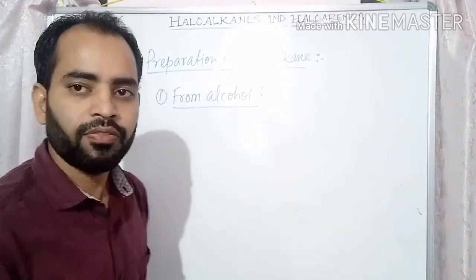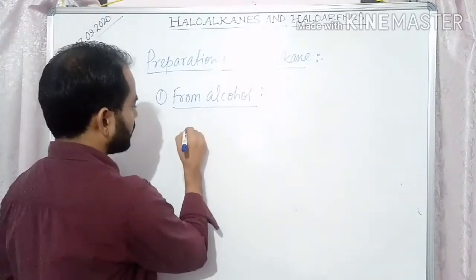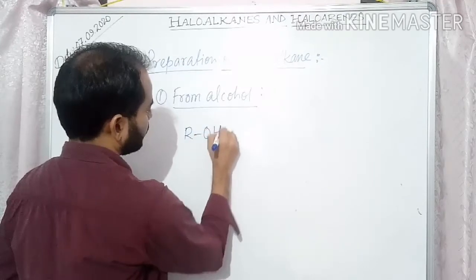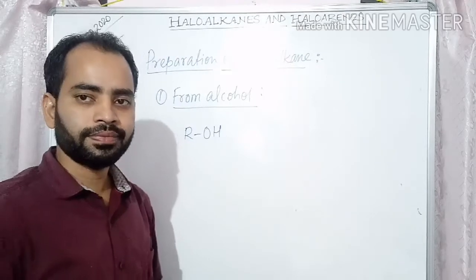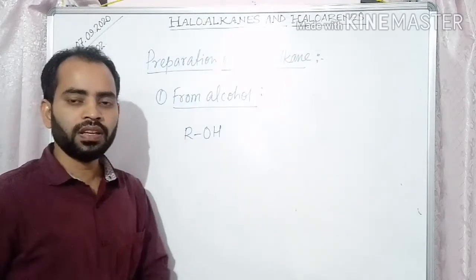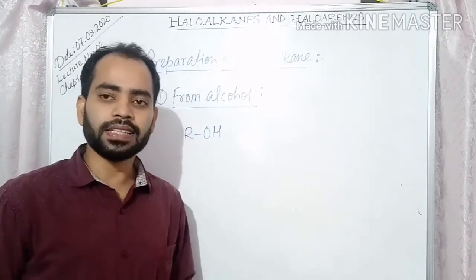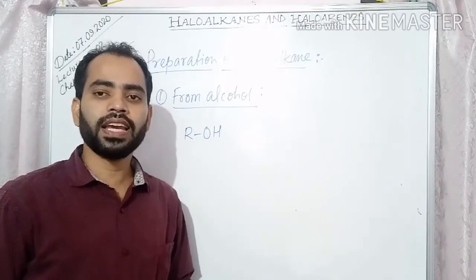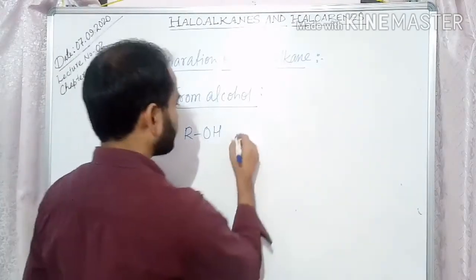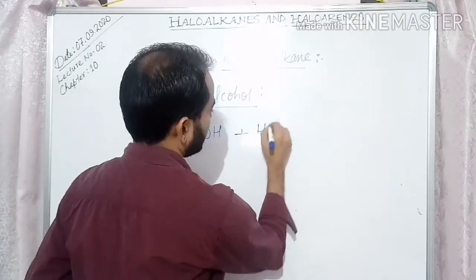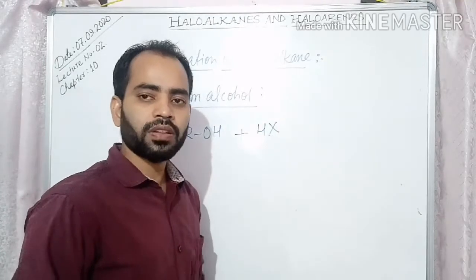Now let's see how we will prepare the haloalkane from alcohol. ROH, this is your alcohol. We have taken the general formula. So the first one is, if we react it with halogen acid. Halogen acids means HCl, HF, HBr, all are called halogen acids. They are represented by HX, H and X, where X may be fluorine, chlorine, bromine, iodine.